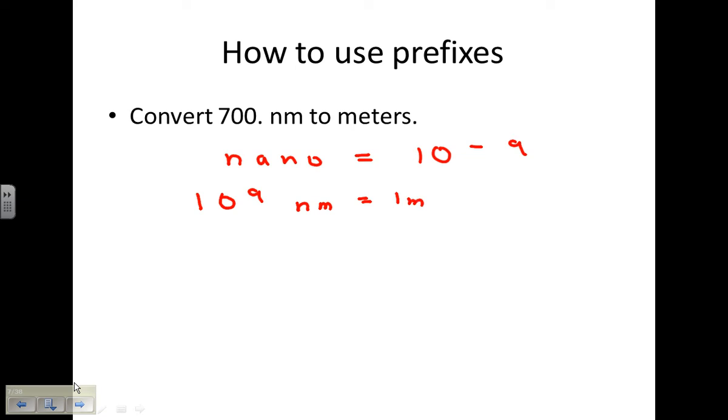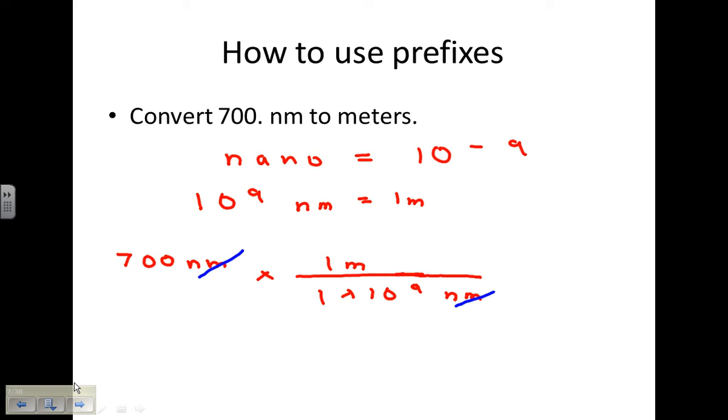So to change nanometers to meters, we can take 700 nanometers and multiply by 1 meter is what we want. And I'm going to write 1 times 10 to the 9th nanometers in the denominator. Our nanometers cancel.